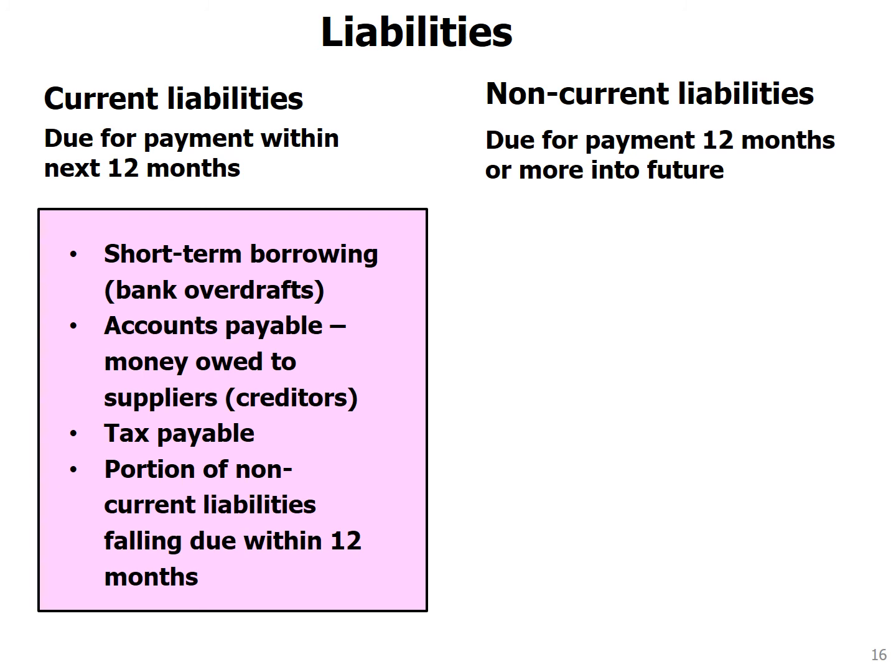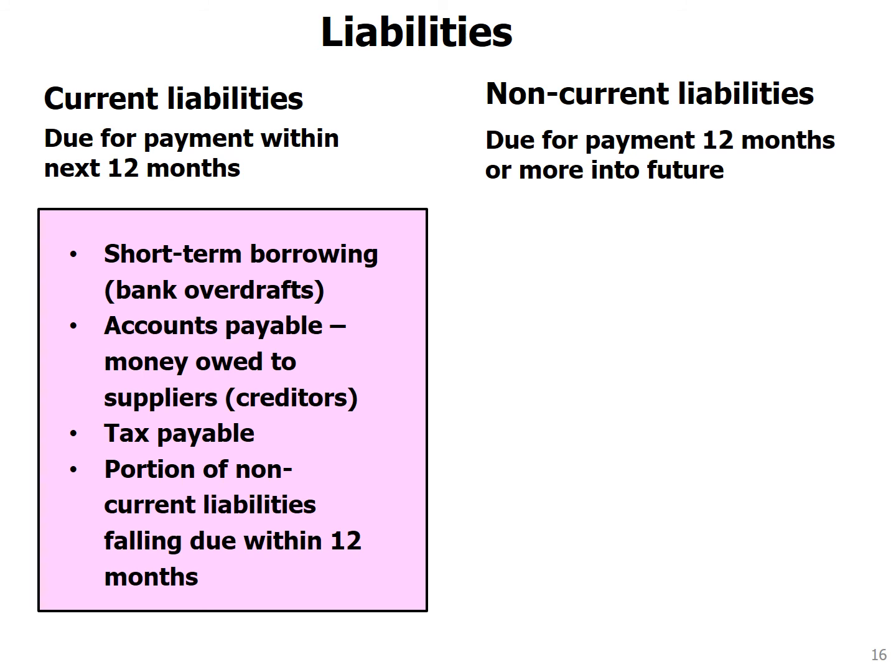Current liabilities, short-term in nature, obligations due for payment in the next 12 months, include the following. Short-term borrowing, bank overdrafts, a form of expensive unarranged borrowing at short notice from banks. Accounts payable. Accounts payable is the account which is used to record the amounts that are owed to the firm's suppliers. This is for goods that the firm has bought and not yet paid for.